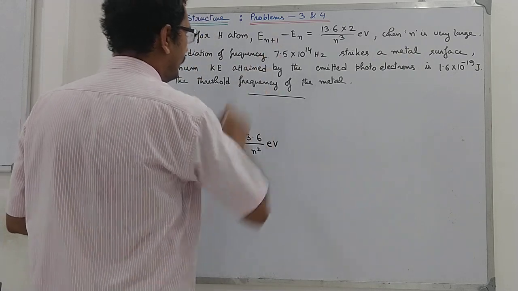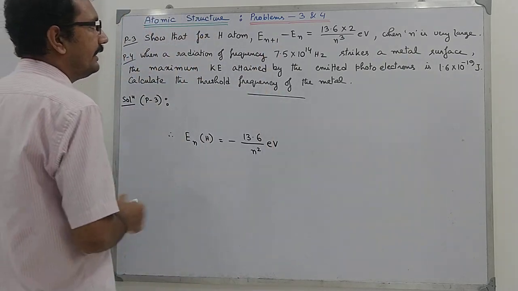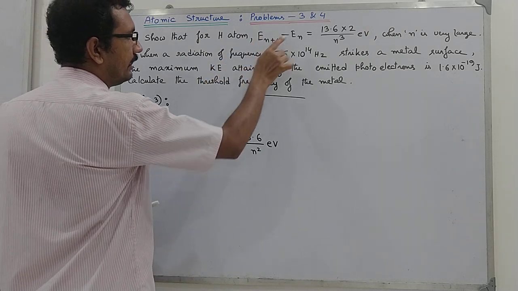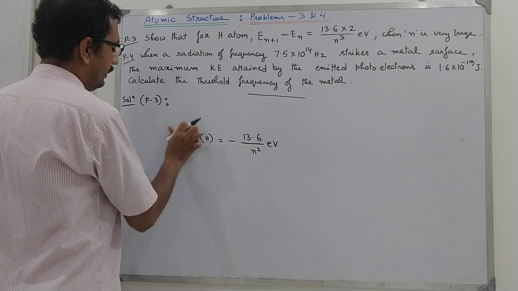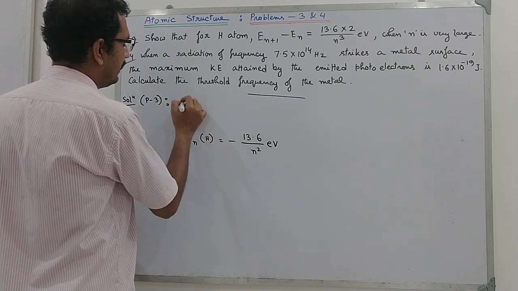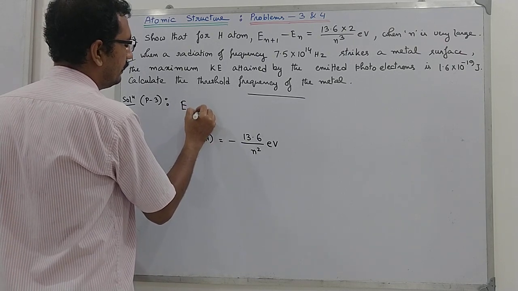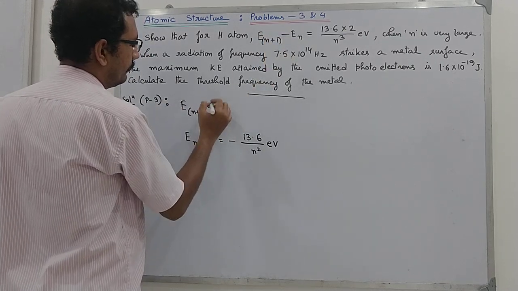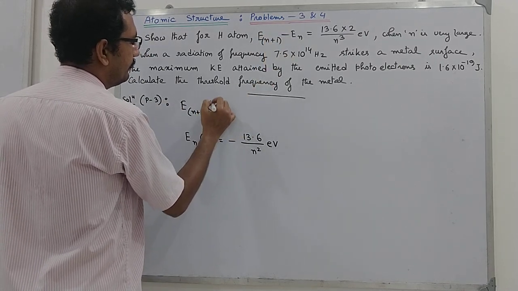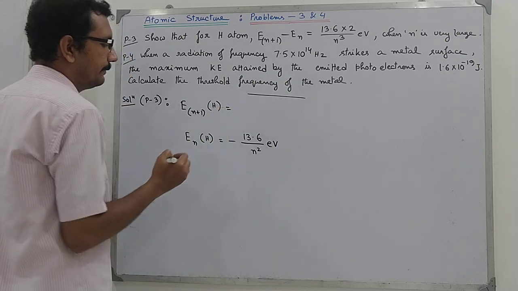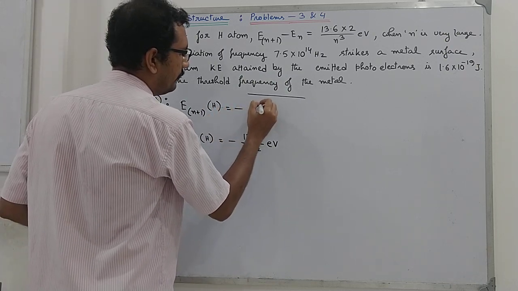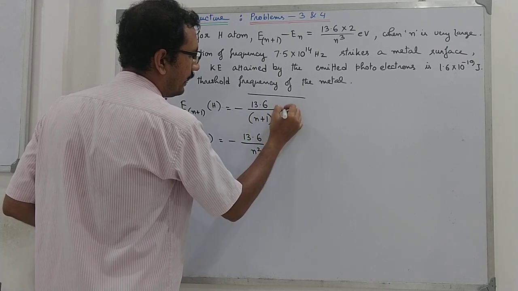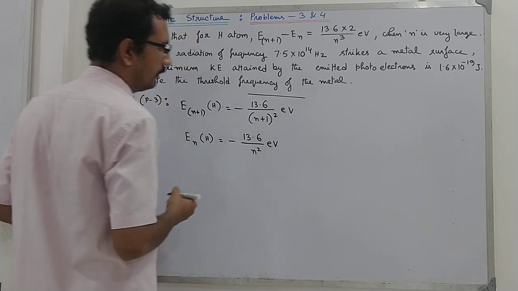Now what is given in the left hand side is En plus 1 and you have to subtract En from it. So using this expression we can find the value of En plus 1 for hydrogen atom obviously. So it will be minus 13.6 upon n plus 1 whole square electron volt.